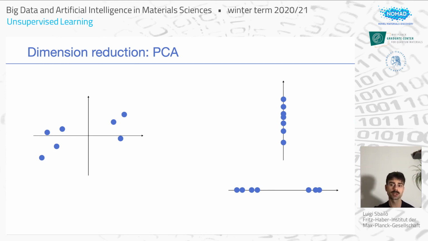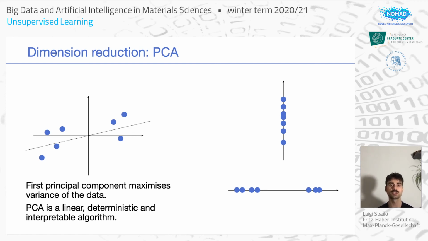So what principal component analysis, PCA, does is find the axis onto which the projection would preserve most of the variance. This is the principal component. Here we find only one principal component, and then we might find two principal components, and this is the space where we are making our projection.